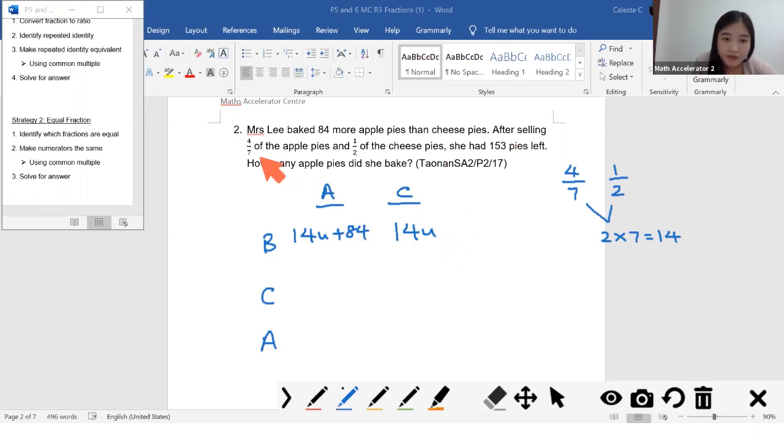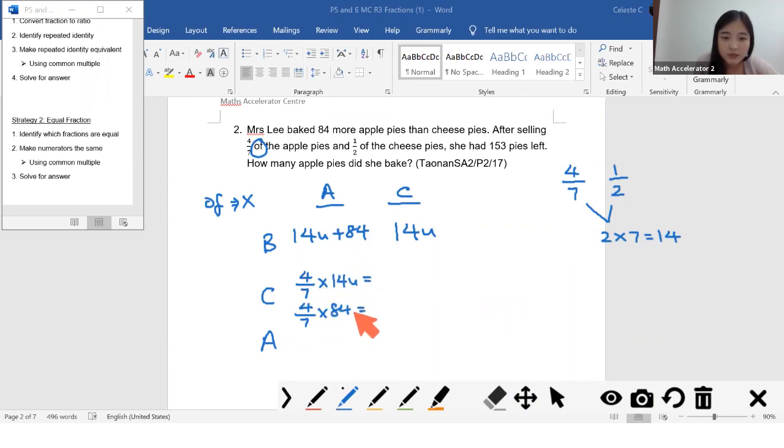Alright, so after selling 4/7 of the apple pies. So apple pies, 4/7 of. Okay, of is times. So apple pie has 4/7 of the 14 units and 4/7 of its 84 pies sold.